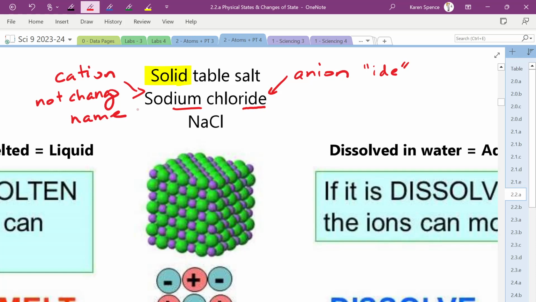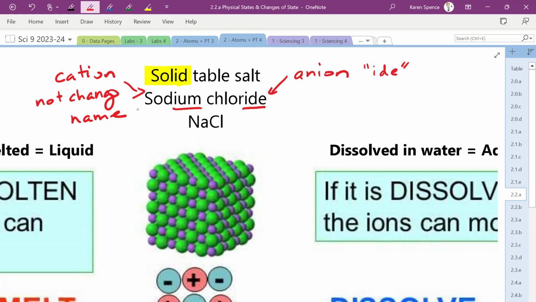Okay, so here we have sodium chloride, and it looks a lot like this. Silver, sodium, positive. Green, chloride, negative. Positive, negative, positive, negative. Sodium chloride, sodium chloride. Positive, negative, alternating.